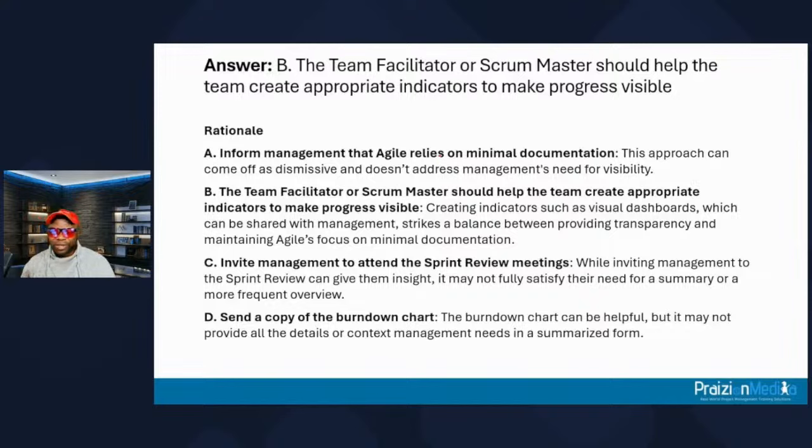it doesn't address management's need for visibility. Anytime you get a question of management asking you for something, or some team member in distress, or some customer or stakeholder in distress, your job on the PMP exam is to solve that problem, not push back and say we don't do that.